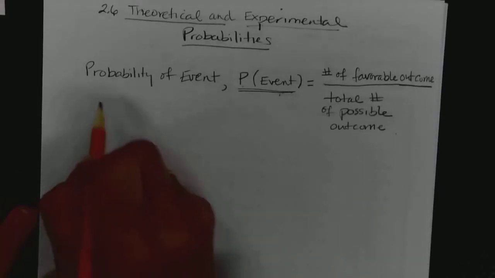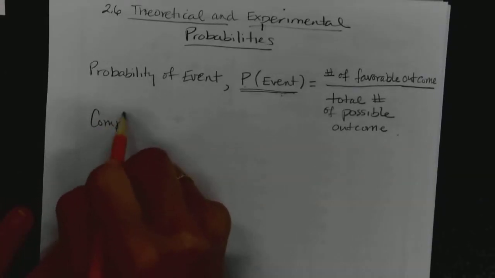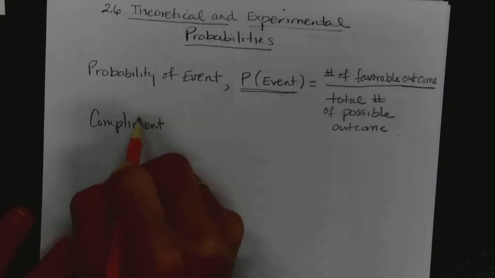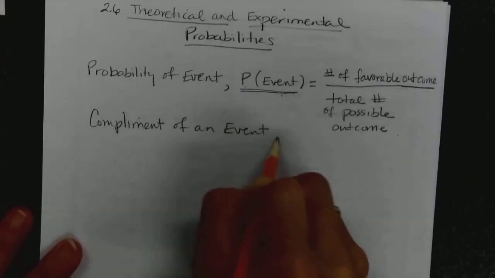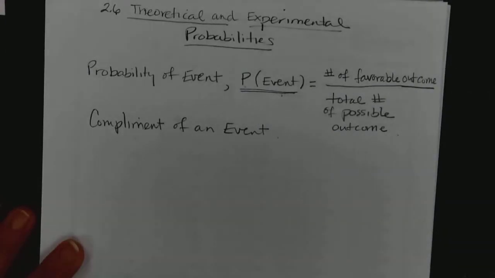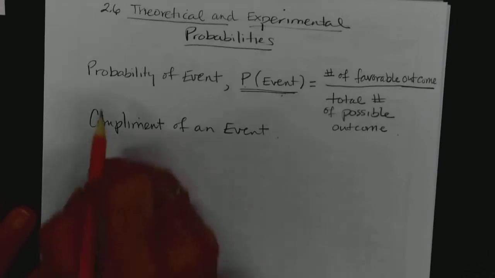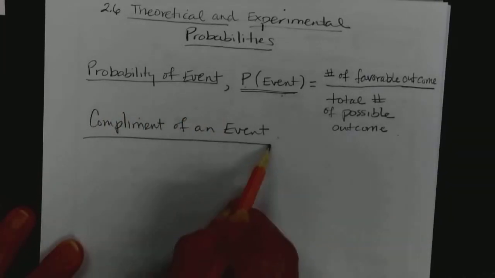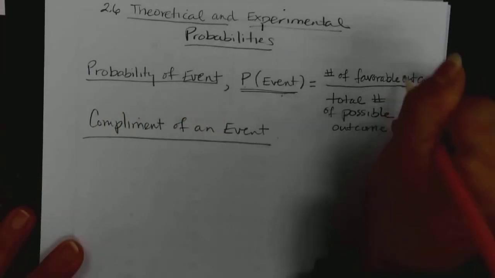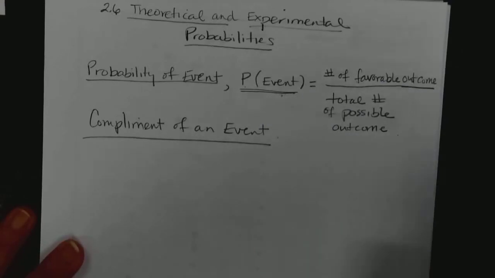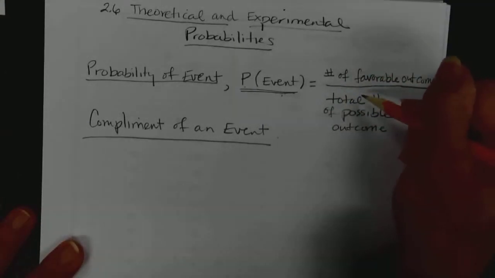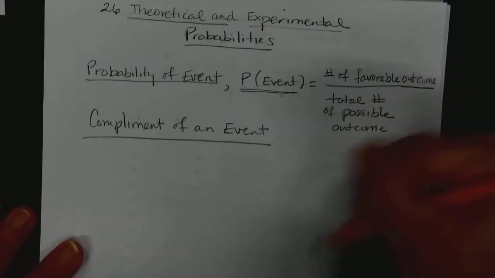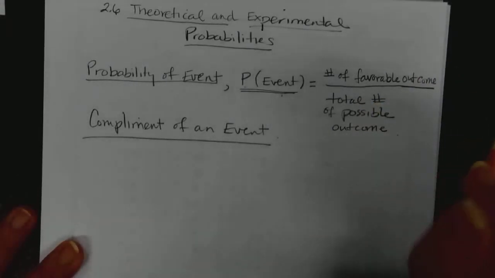Now, there's also the complement of an event. The complement will be what is not the favorable outcome. So if I'm rolling an even number, then the complement of that will be your odd numbers.